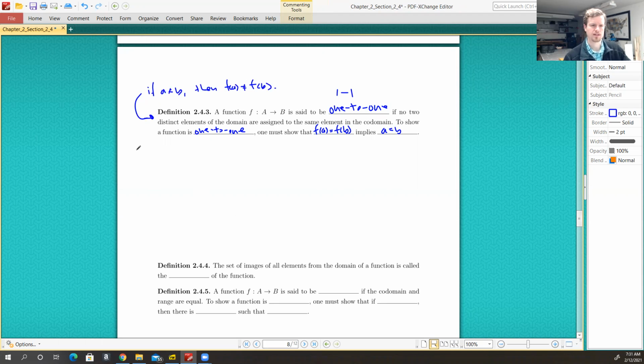So let's look at a function that is one-to-one, using a nice diagram to help us out.